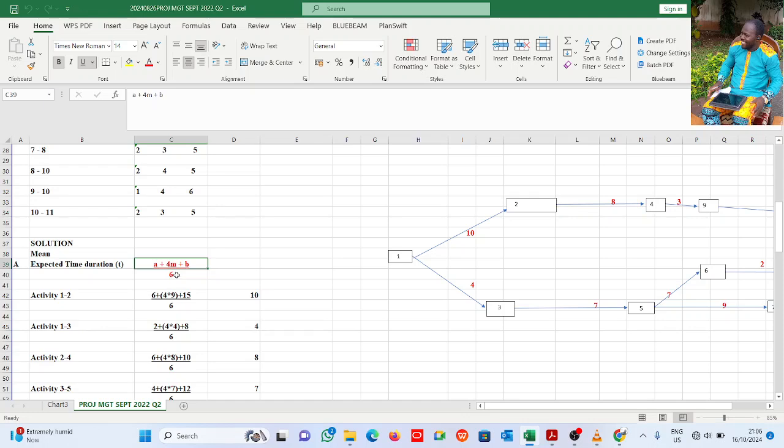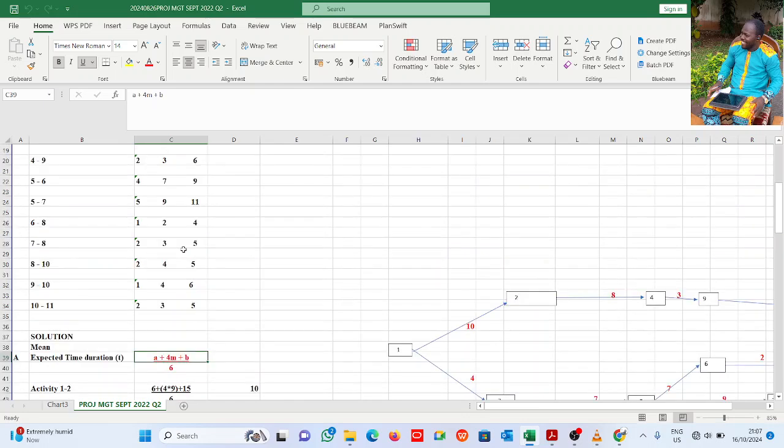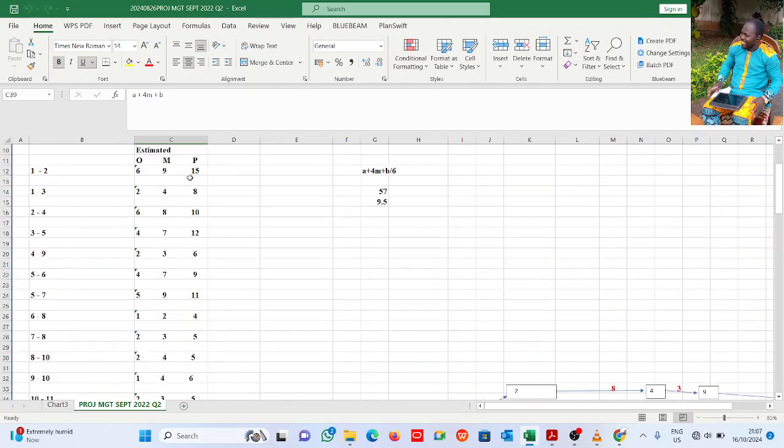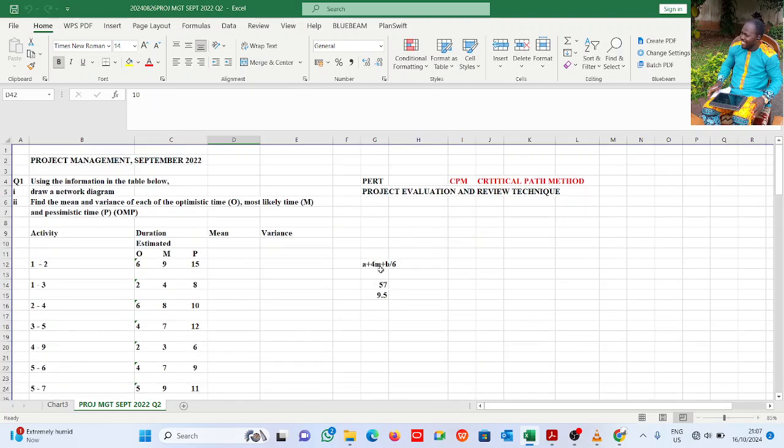So for activity 1 to 2, we have 6, 9, 15. So 6 plus 4 times 9 plus 15, divided by 6. Here, a, or o, is the optimistic time, m is the most likely time, b or p is the pessimistic time.